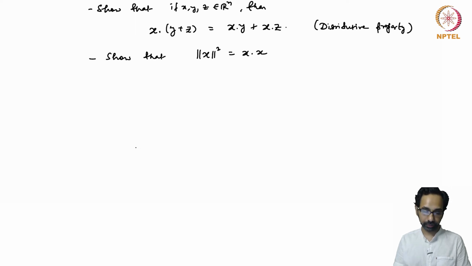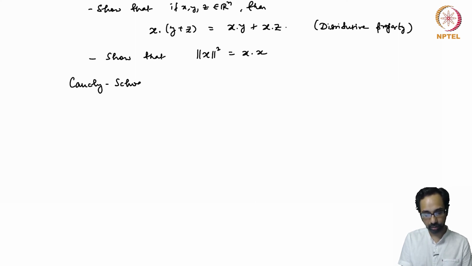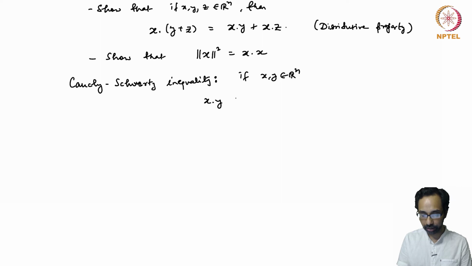Now we will prove what is called the Cauchy-Schwarz inequality, which is the statement that if x, y are in R^n, then x dot y is less than or equal to the Euclidean norm of x times the Euclidean norm of y.